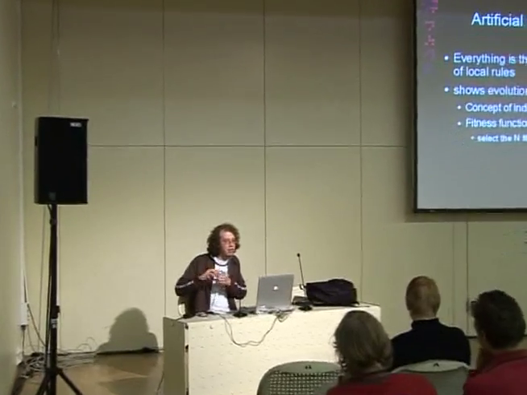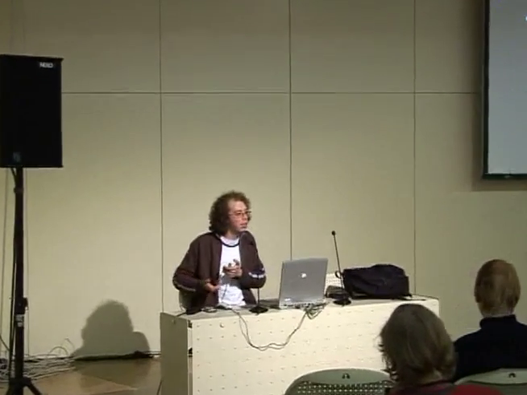No, it's just happening by local interactions of molecules with each other. So this is the closest, I think, to artificial life we really have, because there we don't need this concept of a fitness function or concept of individuals or hard-coded genetic algorithms. It all happens out of the inner dynamics of the system.